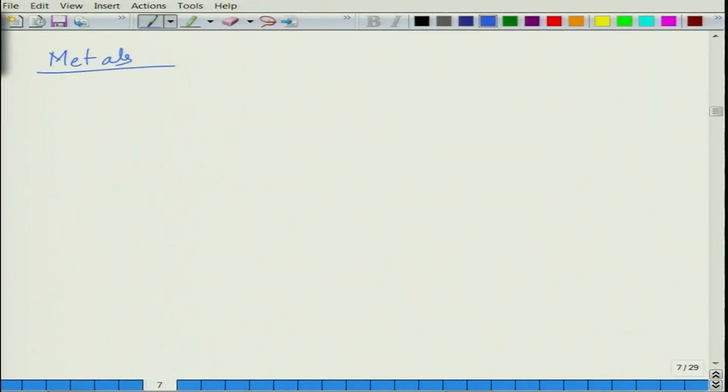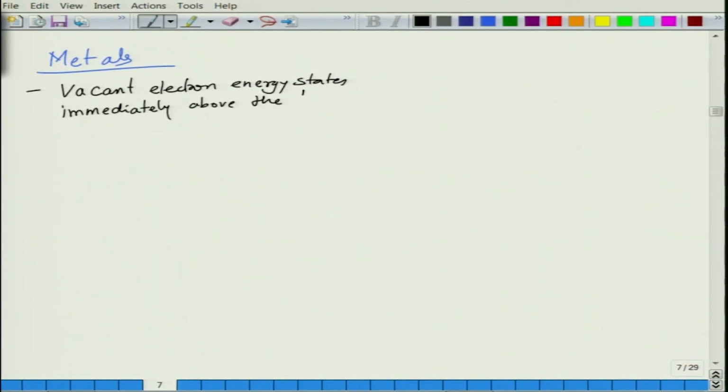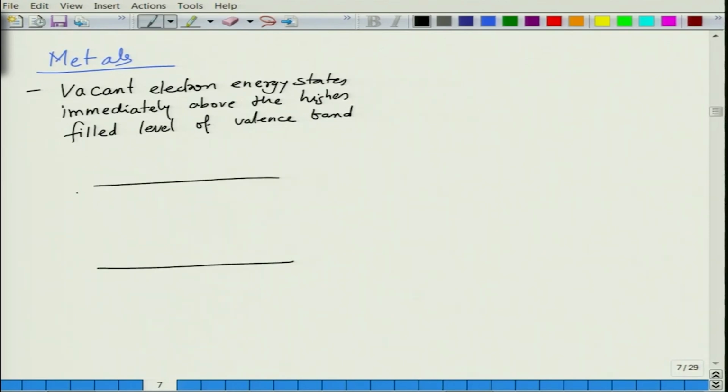For a metal, we have vacant electron energy states immediately above the highest filled level of the valence band. So this is basically the situation. You have the valence band, this is the valence band.